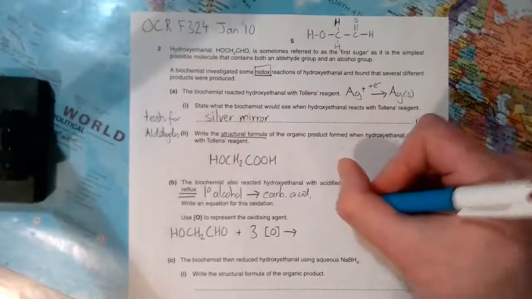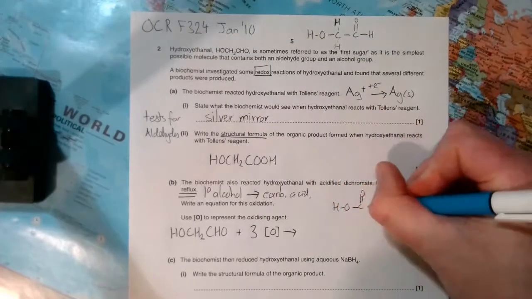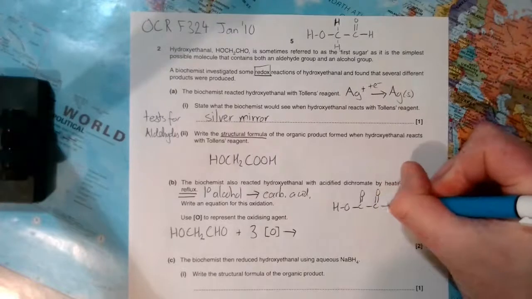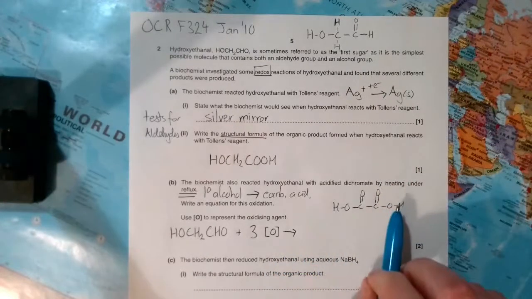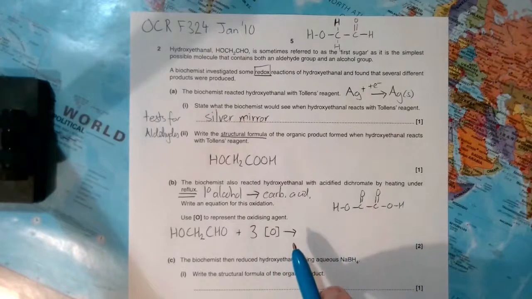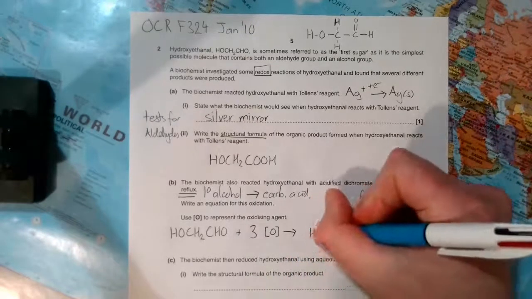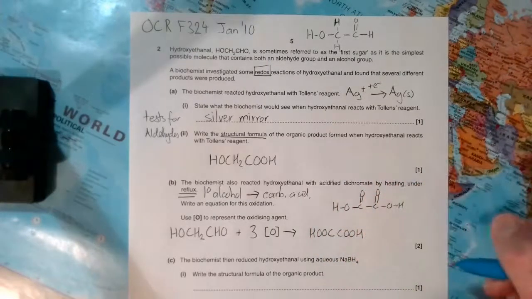If it helps, draw it all out in displayed, and then you probably are going to get the marks if you do that, but you can hopefully then see that you could write this as HOOC-COOH.